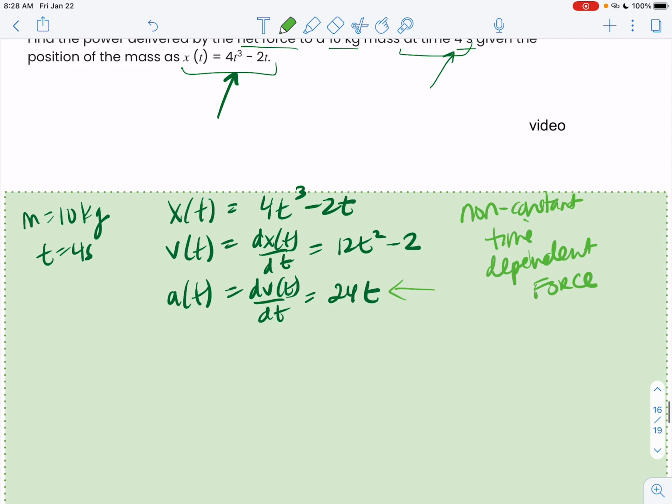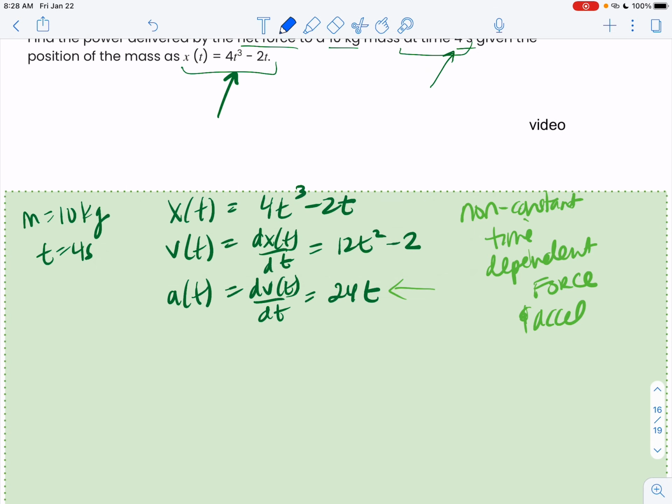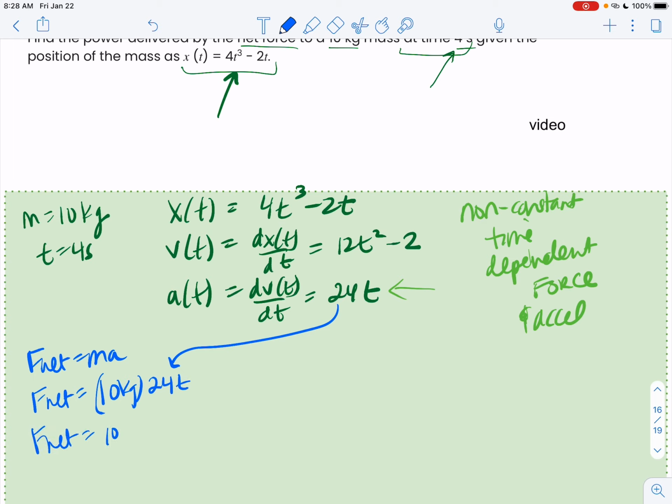Force and acceleration. So at that moment that they're asking us for, the net force equals ma. The mass is 10 kilograms, and the acceleration is 24t. And we care about the time of 4 seconds.